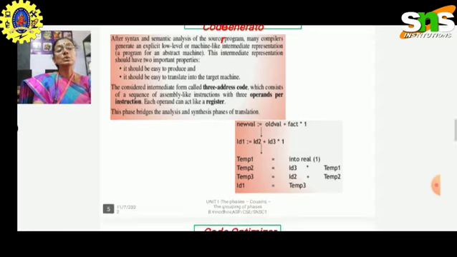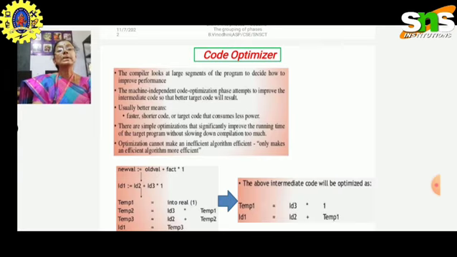Next is the code optimizer. The compiler looks at large segments of the code to decide how to improve the performance, and produces optimized code. If our code has any redundant, repeated or cost-ineffective statements, they are optimized by the code optimizer.